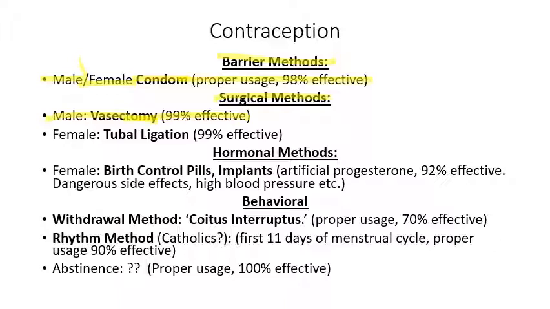The female equivalent of a vasectomy is called a tubal ligation, which is where the fallopian tubes, the oviducts, are cut and then tied in a knot to prevent the eggs from reaching the uterus. Both of these are 99% effective, and both of them have a moderate chance of being reversed if you change your mind later.